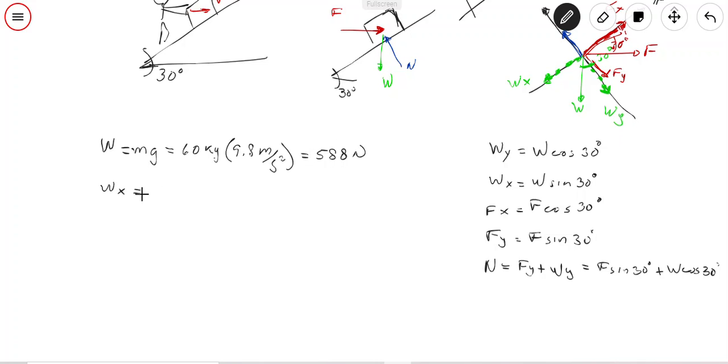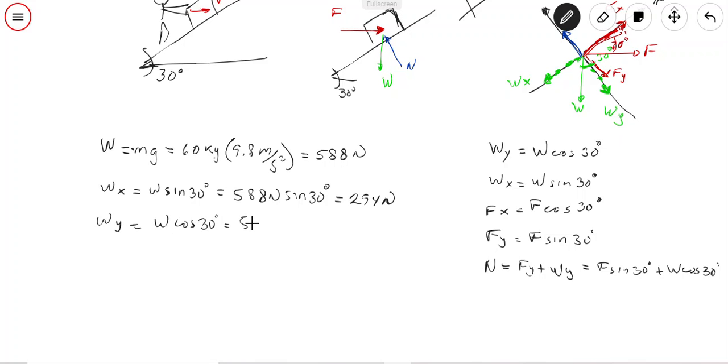So Wx is W sine of 30 degrees. So it's 588 newtons sine of 30 degrees. The sine of 30 is 1/2, so this will be 294 newtons. You can find Wy, that is W cosine of 30 degrees.